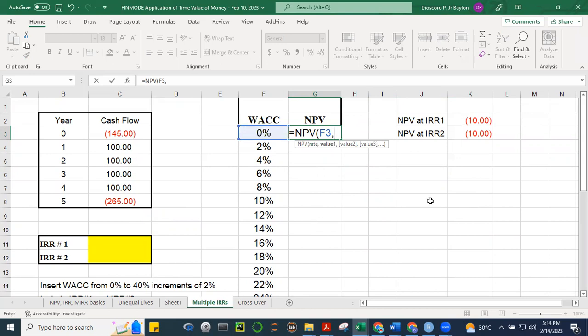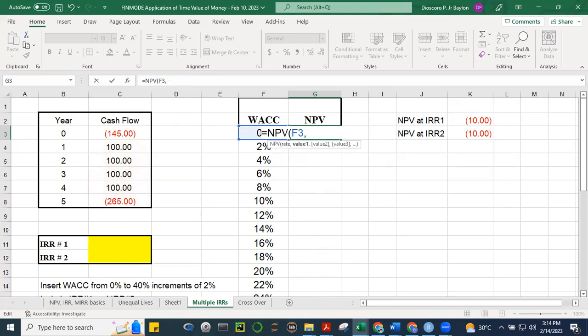And then our cash flows are these, C4 to C8, and we have to fix the rows. We don't need to fix the column because we're going to copy the formula down. So no need to fix column C. We just need to fix rows 4 up to 8. All right? So those are the values.